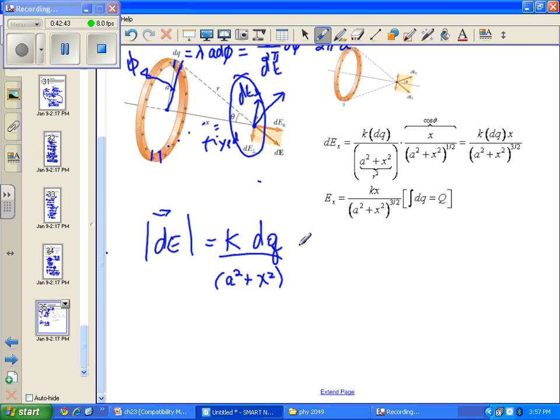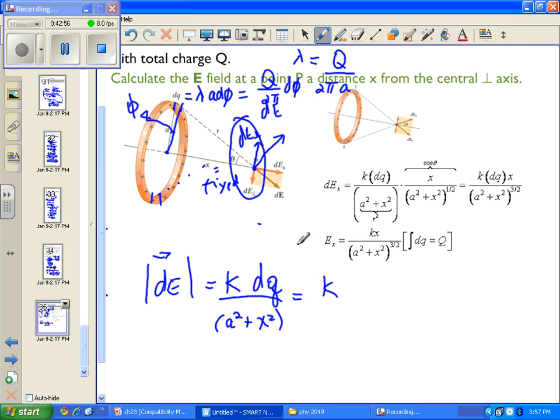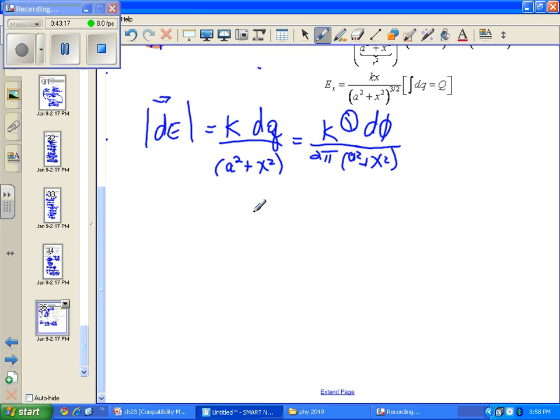Make our substitution for dq, and that gives us k times, let's see, what did we have? Let me just come up here real quick. It's going to be Q over 2 pi, and we've got a d phi here, and then we've got a squared plus x squared here. Okay, now, once again, we only have a dEx component. We don't need to worry about dEy because that's not going to exist.